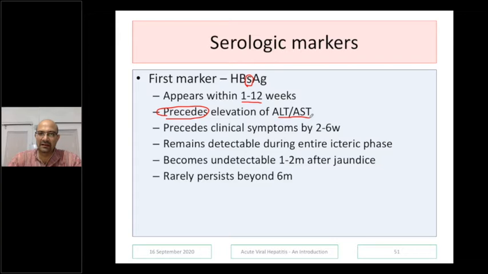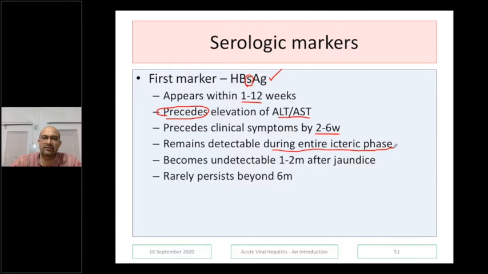ALT and AST will rise later; hepatitis B surface antigen will become positive in the serum earlier. It precedes the clinical symptoms by 2 to 6 weeks. So at least 2 to 6 weeks before jaundice appears, we will start finding hepatitis B surface antigen positive. It remains detectable during the entire icteric phase, that is, as long as the patient has jaundice, hepatitis B surface antigen will remain positive.